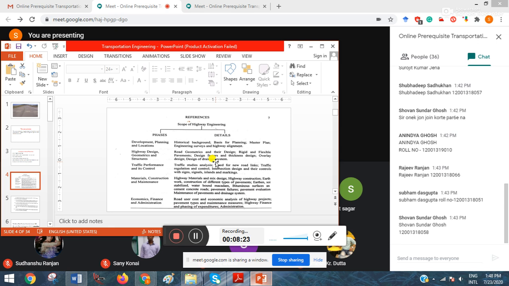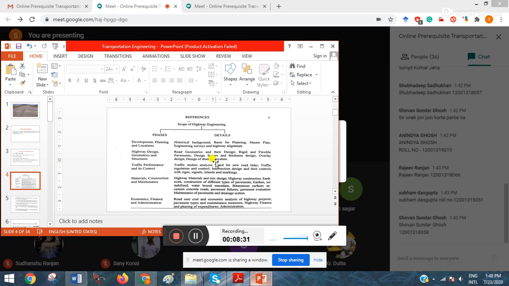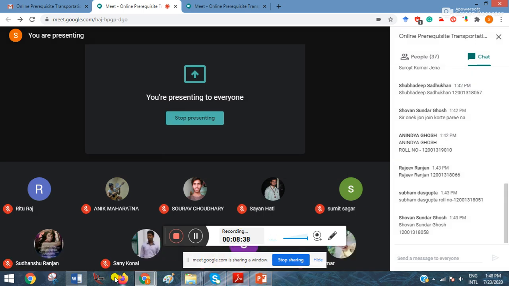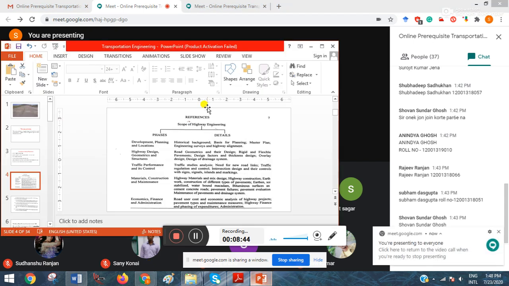Like construction of road in hilly areas, the various landscaping, and various problems which are involved only in construction for hilly areas.